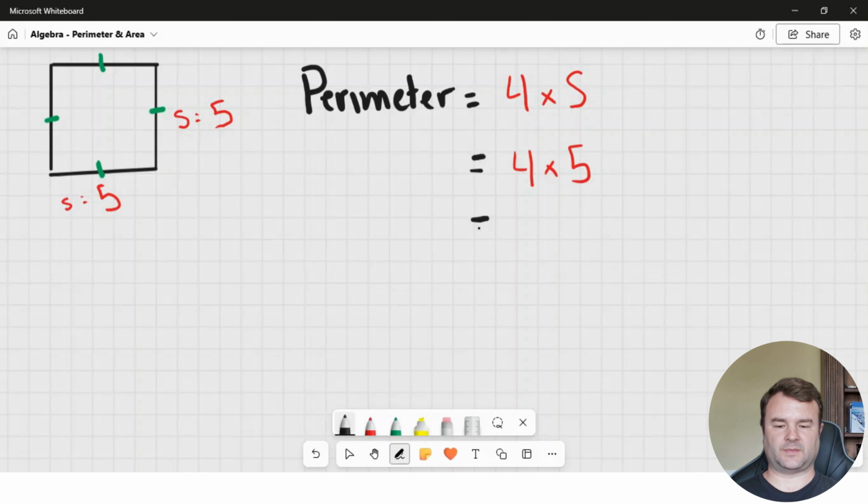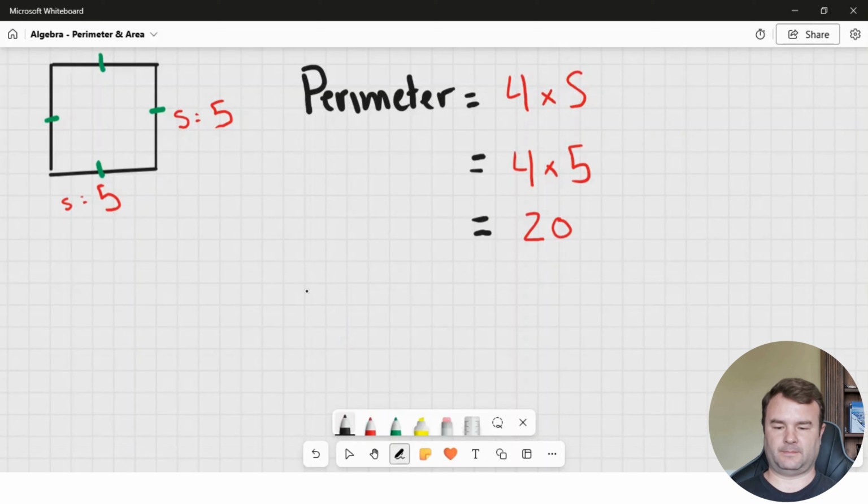And 4 times 5 is simply 20. So the distance around this square is 20 units, or it could be 20 feet, 20 meters, 20 centimeters, 20 yards, whatever unit of measurement you're using. But the perimeter here is 20.